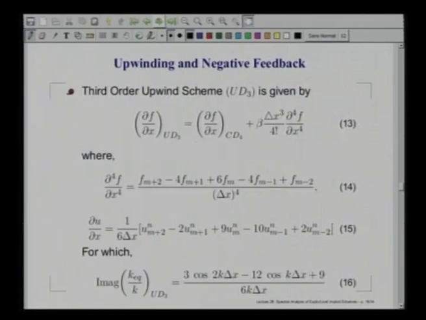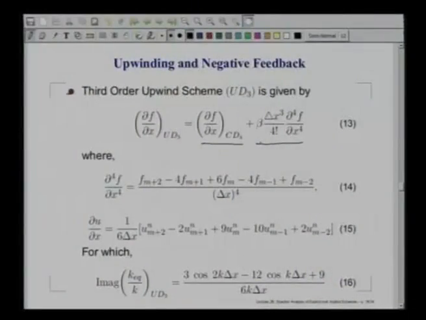Say for example, we generalize it to a third order upwind scheme. So, third order upwind scheme will be a fourth order central difference scheme, and to that I will add a fourth derivative. That is your third order upwind scheme. You can successively generate fifth order, seventh order scheme, so on and so forth.